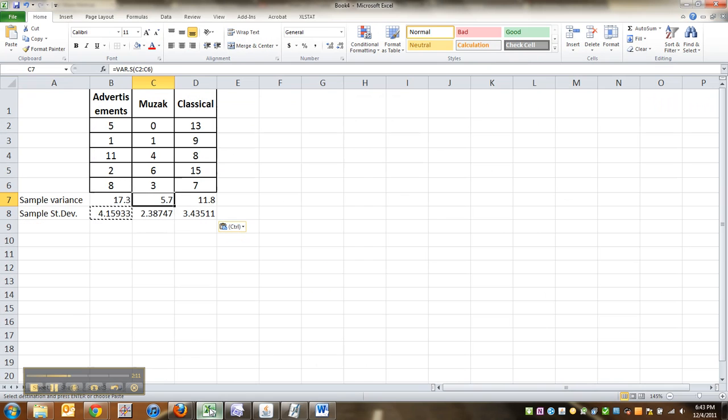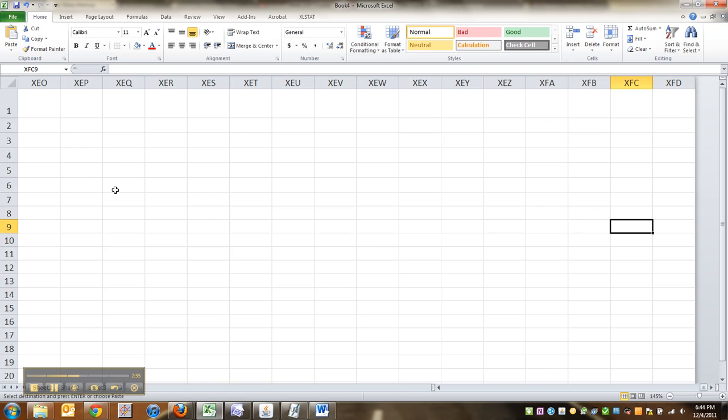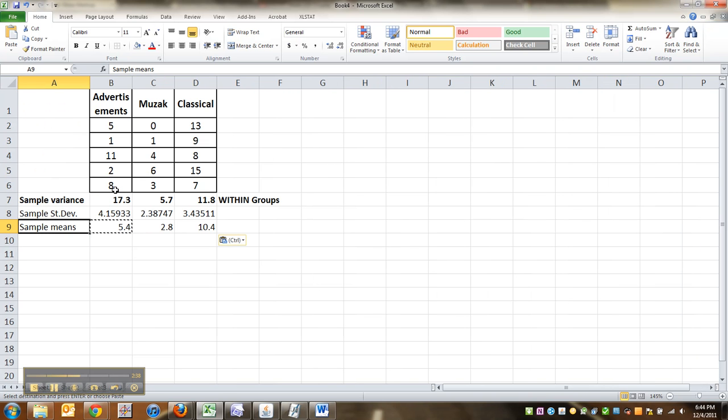Matter of fact, let me label that here so you can see it. So this is the variance within groups. All right, so then the question becomes, what about between the groups? So let me find the sample means for a second. Okay, there we go. Then between sample variance is how far apart are these numbers?